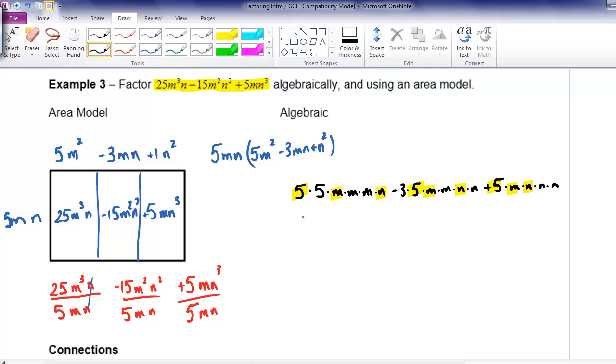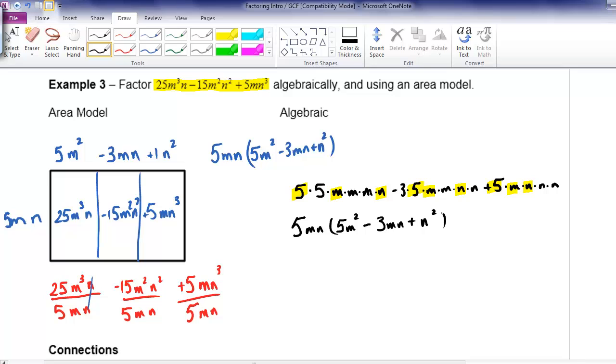So we've identified the greatest common factor. Then we can figure out the other factor, and the other factor turns out to be the pieces left over. So here we have 5m squared minus 3m times n plus, because there's that plus sign, n squared.